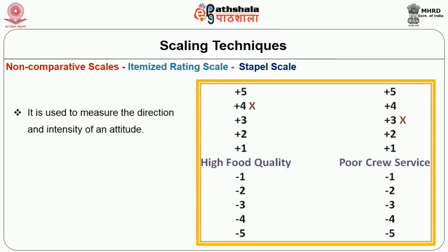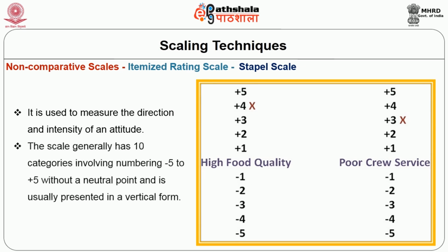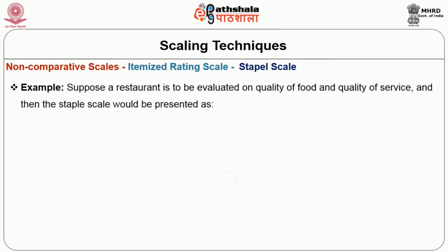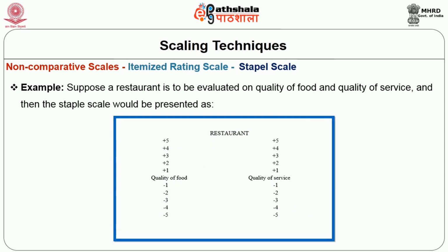Staple scale. Staple scale is used to measure the direction and intensity of an attitude. The scale generally has 10 categories involving numbers -5 to +5 without a neutral point and is usually presented in a vertical form. Suppose a restaurant is to be evaluated on quality of food and quality of service, then the staple scales would be presented as given below.